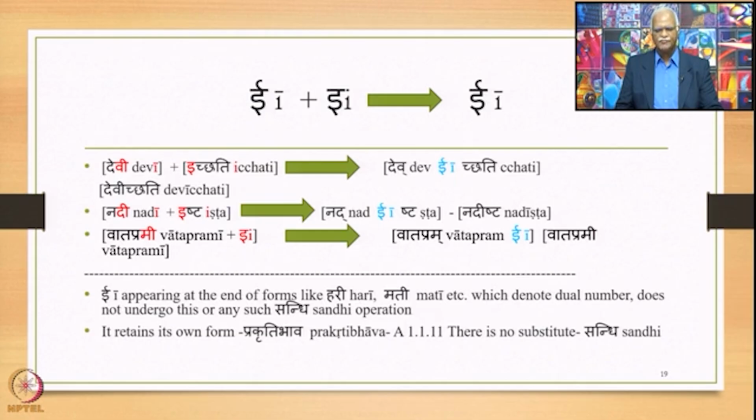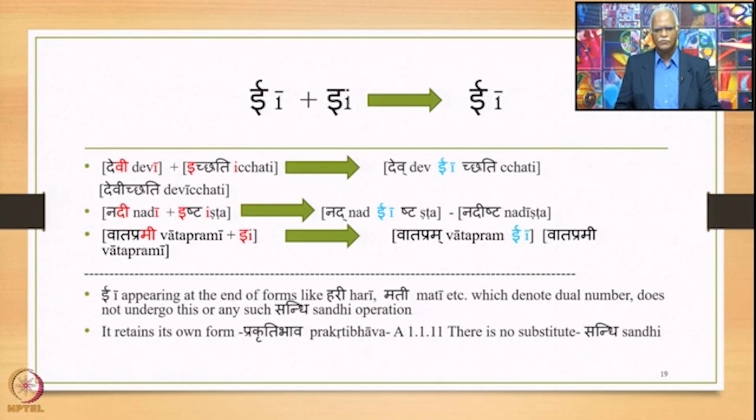One by adding the suffix E to the verbal root ma, and then by adding the suffix quip to the verbal root ma. In this case, Vataprami is the word that is derived by adding the suffix E, and therefore we have the Savarna Dirgha and the Saptami Ekavachana or the locative singular of this particular form is Vataprami. That's all.